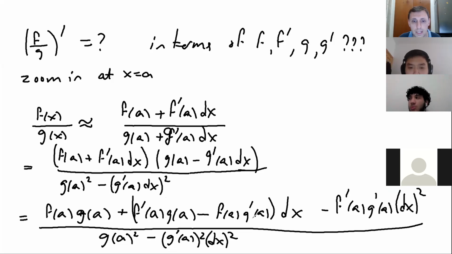You see from here, guys, what's the formula? This g prime squared dx squared is invisible. This part is invisible, and now you see what the line is.